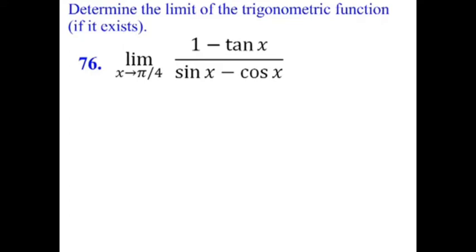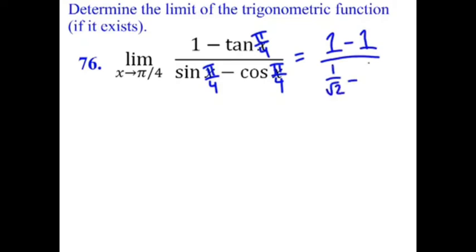Now look at this. If I put pi by 4, then this is tan pi by 4 and sin pi by 4 minus cos pi by 4. So tan pi by 4 is 1, so the numerator will be 0 and the denominator will also be 0, that is 1 by root 2 minus 1 by root 2. So both are becoming 0. Hence this is in indeterminate form, 0 by 0.